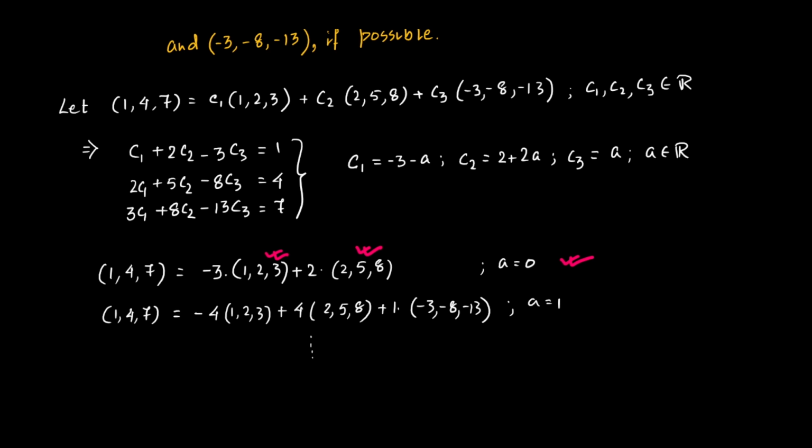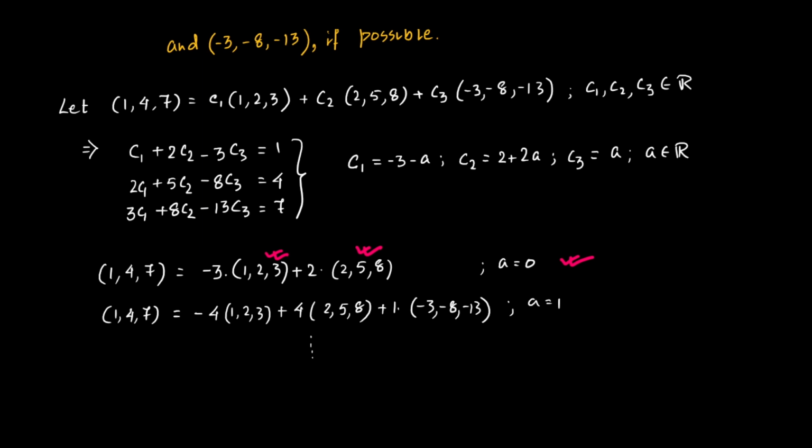The third vector is not at all required. It is kind of redundant in this case. So if it is a question of representing (1, 4, 7), then yes, I can represent it by using these two vectors only. I don't need any other vector, specifically in this case, I don't need the third vector.